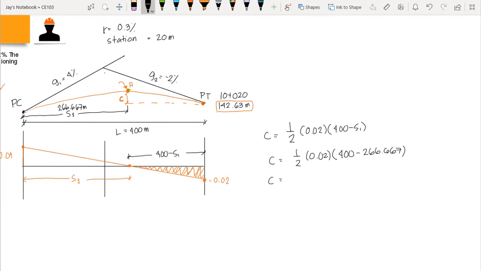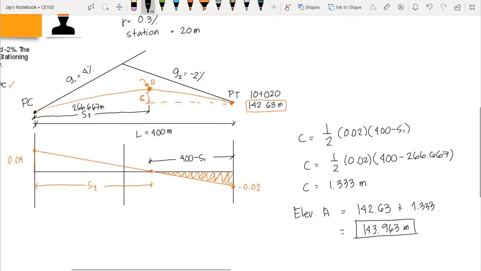This would give us the value of C, which is 1.333 meters. To compute for the elevation of A, we just need to add the elevation of PT. We have 142.63 plus C, which is 1.333. This would give us 143.963 meters. So this is the elevation of the highest point of our curve.